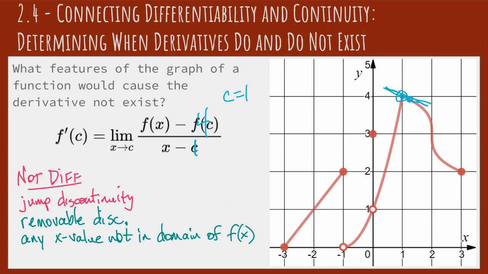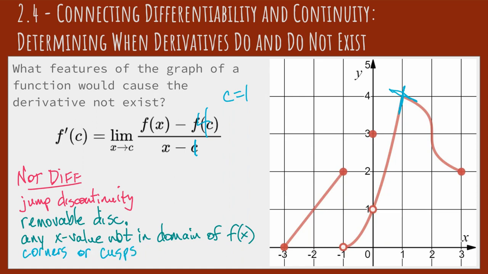So regardless of what those one-sided limits are, we know one of them is positive and one of them is negative, so they can't possibly be equal to each other. So at this corner right here, since the slope approaching from the left is different from the slope approaching from the right, that means that the two-sided limit doesn't exist because the one-sided limits are different. So we're also going to have functions that are not differentiable at corners or cusps.